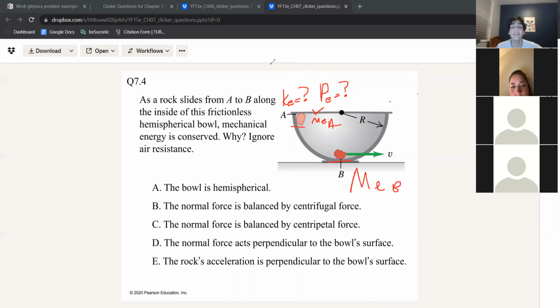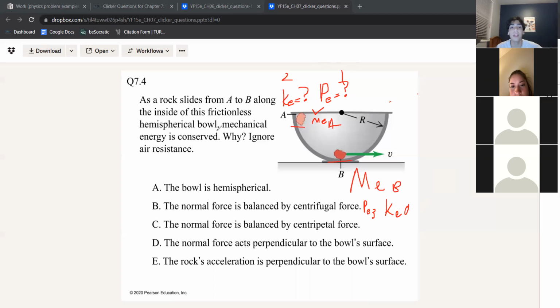However, let's say that in this situation, kinetic energy was 2 and potential energy was 1. We could have a potential energy here of 3 and a kinetic energy of 0, so long as they add up to the same number, because 2 plus 1 is 3 and 3 plus 0 is 3.